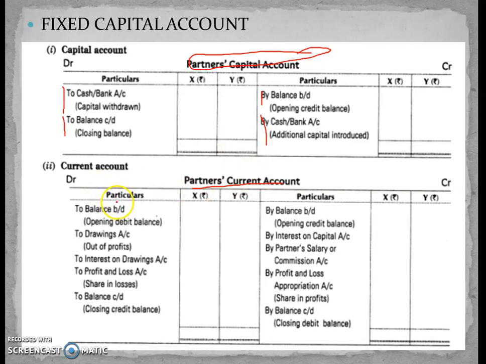When current account is studied, you have the opening balance, the drawings which the partner is doing, the interest, the profit losses, and the closing balance. You have the opening balance, interest on the capital, salary or commission, any profits, and the balance.